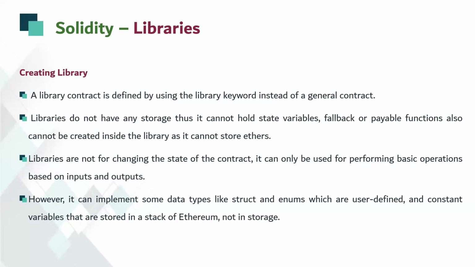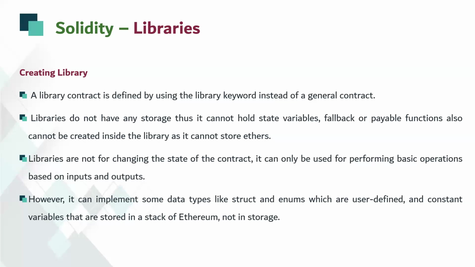Another characteristic is no fallback or payable functions. Libraries cannot have a fallback function or functions marked as payable, since libraries cannot hold or transfer Ether. There is no need for them to have fallback or payable functions.